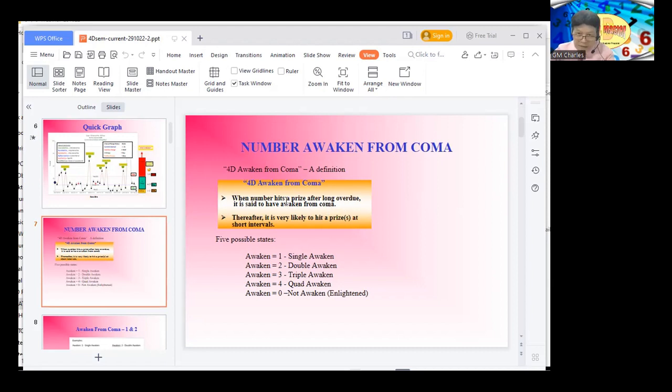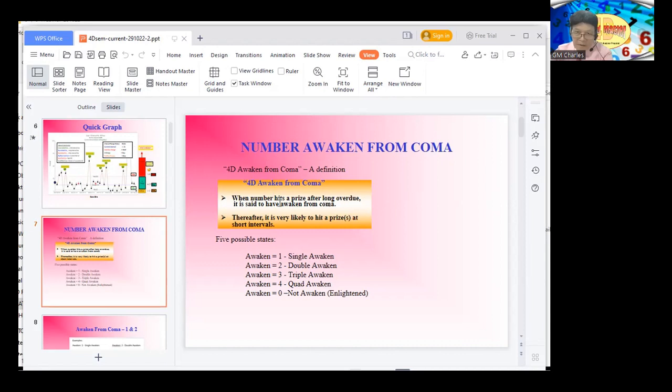So when a number hits a prize after being overdue, it can be just overdue, not necessarily long overdue. It is said to be awaken from coma, meaning that a number has gone into overdue and then it hits. It is considered awakened. That means it has come out from coma already.